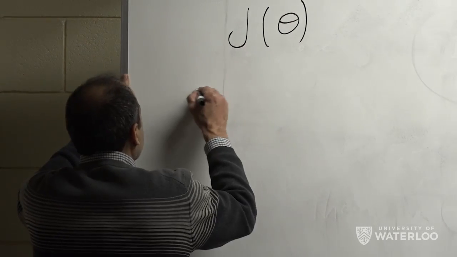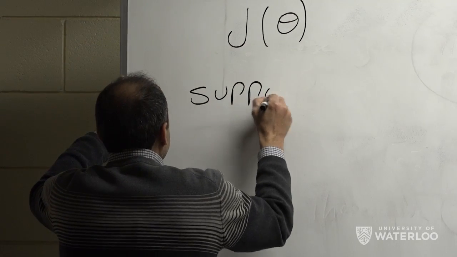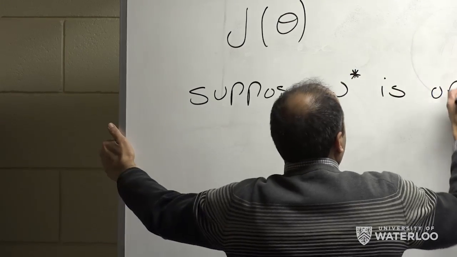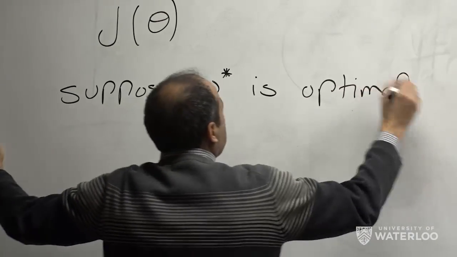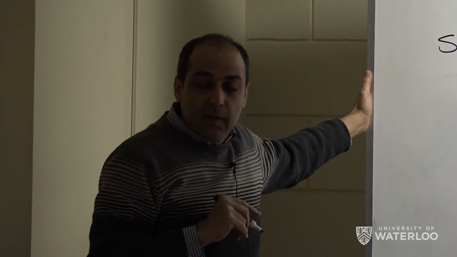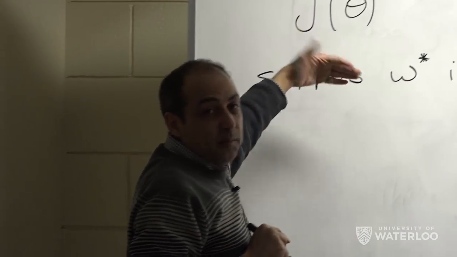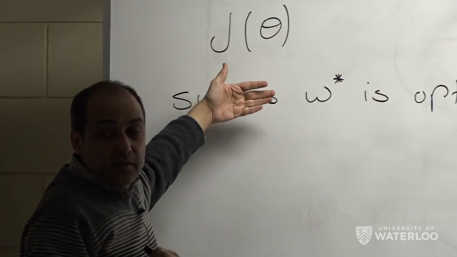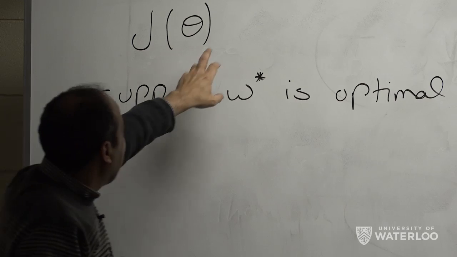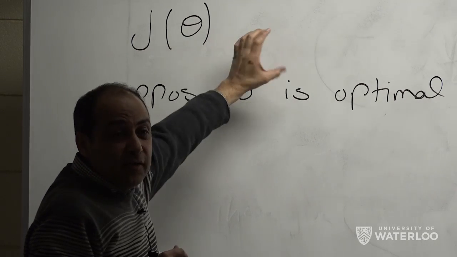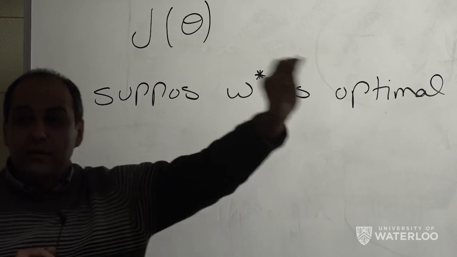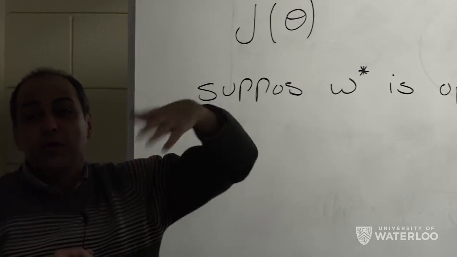Suppose W star is optimal, in the sense that it makes this objective function minimum, and it makes the derivative of the objective function equal to 0. What I want to see is, if I add a penalty function here in the form of the L2 norm, what's going to happen?